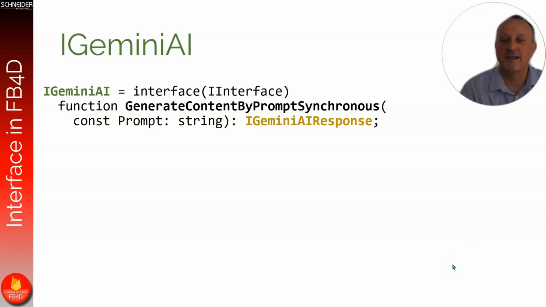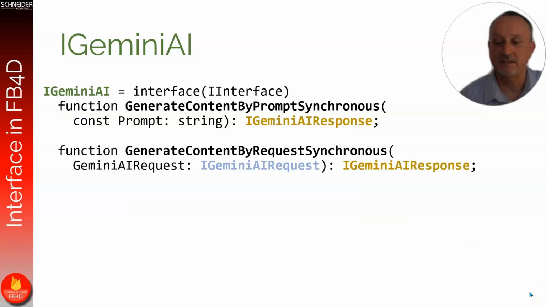To keep this slide simple, I have only shown the symmetrical methods. The asymmetrical methods is a procedure with a parameter for a callback method instead of a function. The second method, generate content by request, requires a Gemini AI request interface, which offers more possibility.